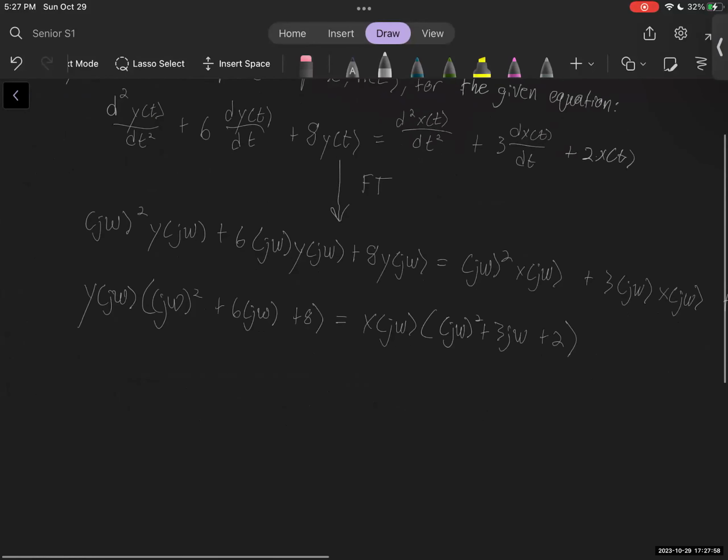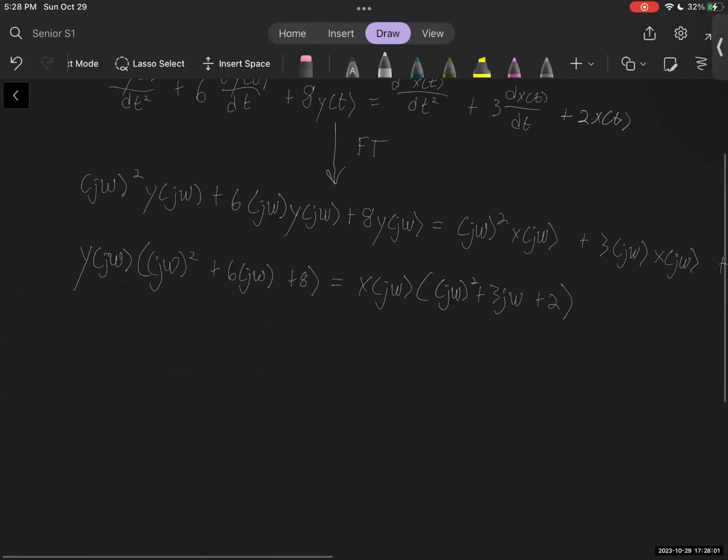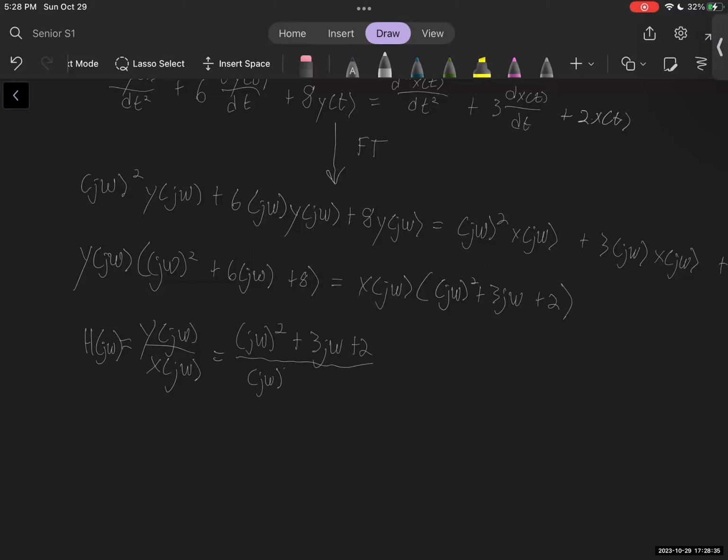All right, and now we can divide both sides by x of j omega and divide both sides by j omega squared plus 6 j omega plus 8 to get the form y of j omega over x of j omega, which is equal to our transfer function, h of j omega, and that's going to be equal to j omega squared plus 3 j omega plus 2 divided by j omega squared plus 6 j omega plus 8.